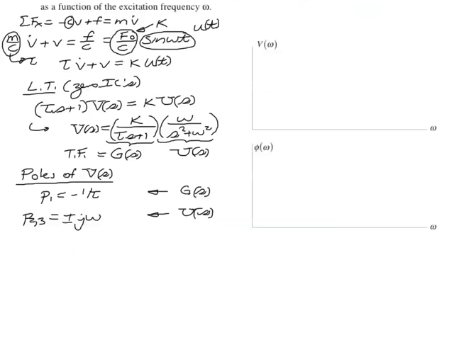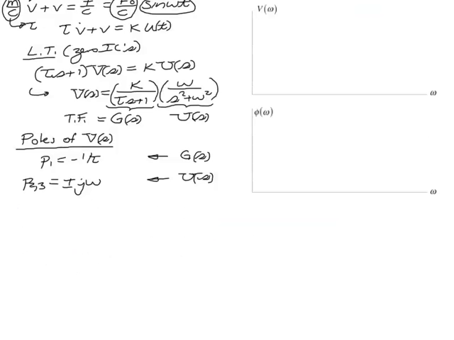So the process that we have learned to like so well here is that we write V of s in terms of its partial fraction expansion: A1 divided by s minus P1, plus A2 divided by s minus P2, plus A3 divided by s minus P3.